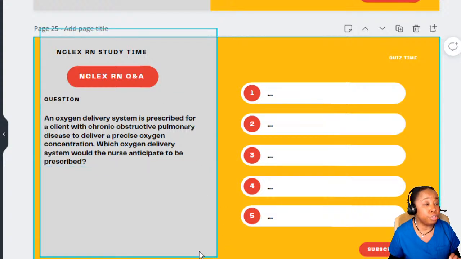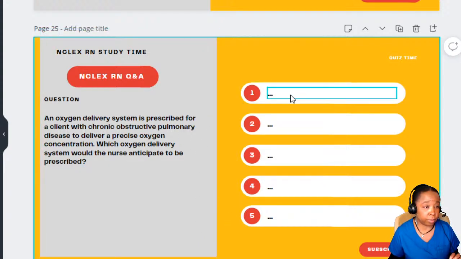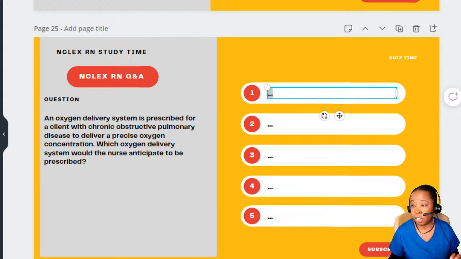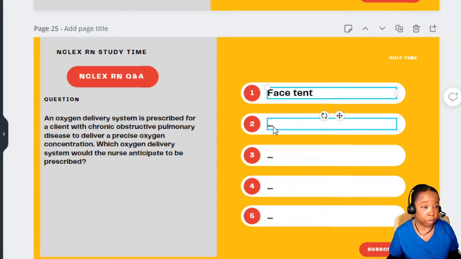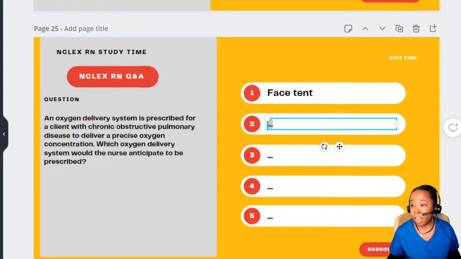So they would like to know what kind of delivery system, what kind of equipment will the nurse use to give that treatment. The first option is a face tent. The face tent is a kind of oxygen device that covers the entire face. The second one is a Venturi mask.